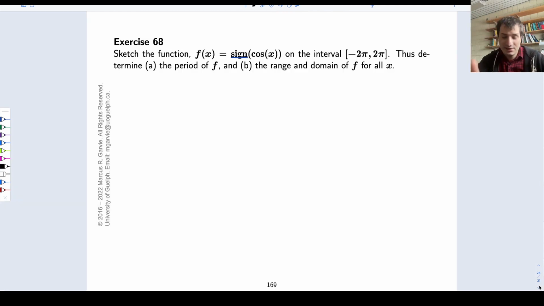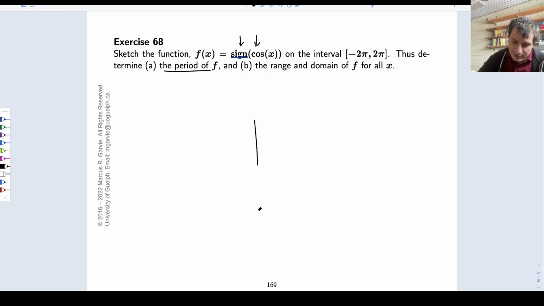Okay, how do we use this in a problem? Sketch the function signum of cosine of x on the interval -2 pi to pi. So again, this is a composition of functions, the signum function and the cosine function, and then determine the period of f, the range and the domain of f for all x. So what is this going to look like?